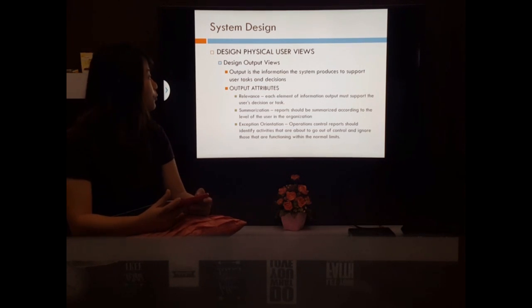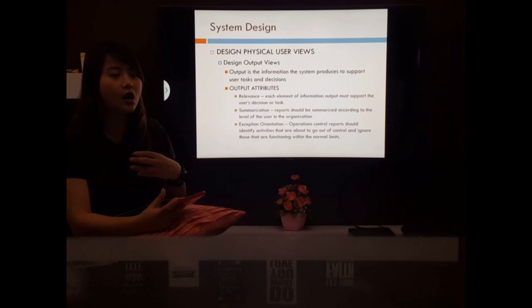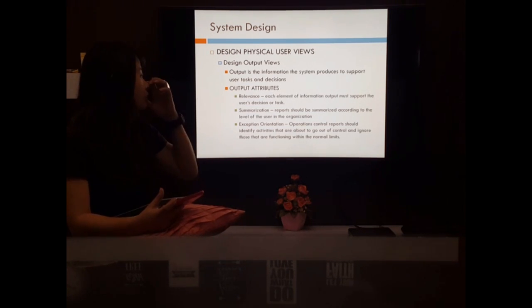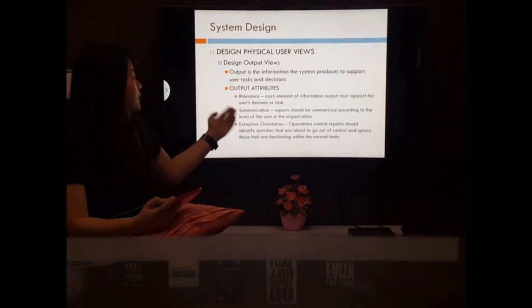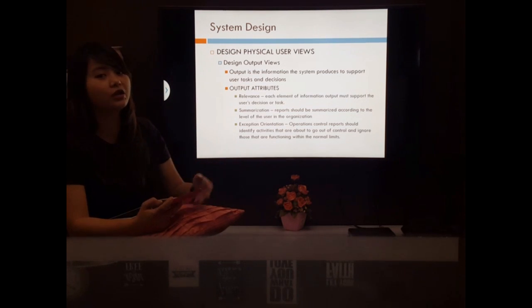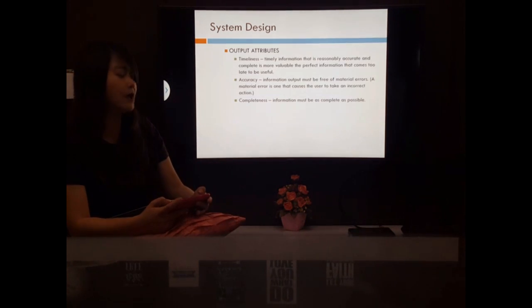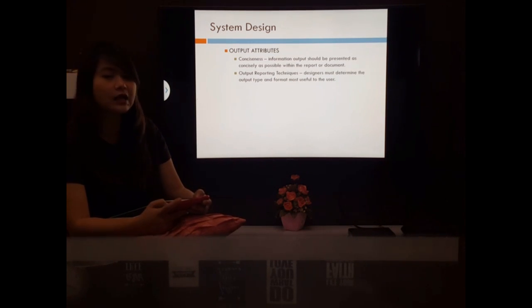So, output must have certain attributes in order to be useful in a system. So, these are the output attributes. We have the relevance, summarization, exception orientation, timeliness, accuracy, completeness, conciseness, and output reporting techniques.